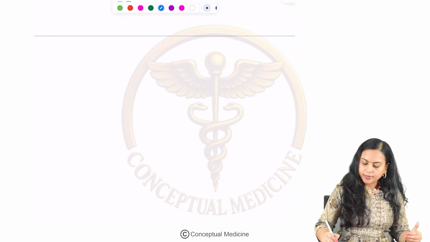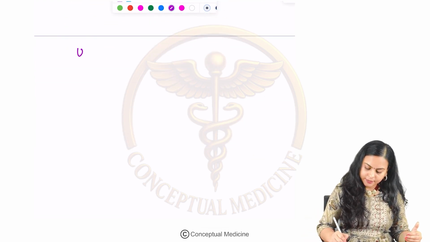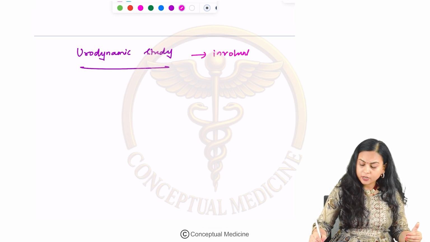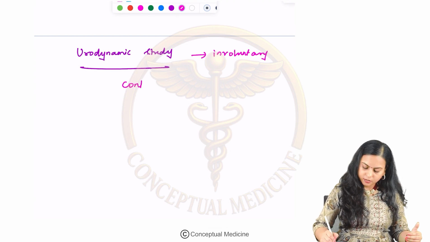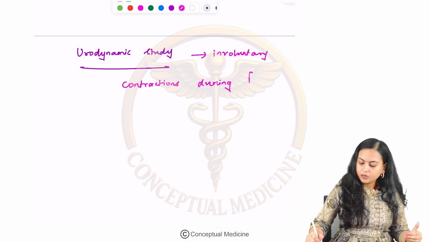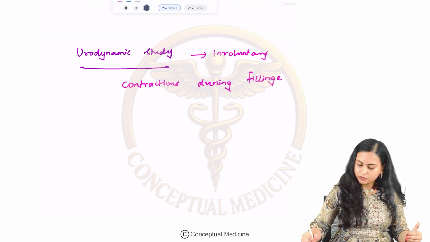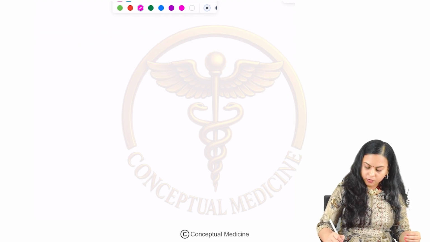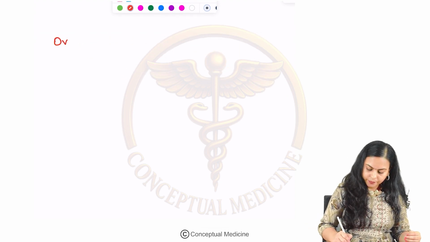While doing urodynamic studies, you will be able to see involuntary contractions during the filling phase of the urodynamic study. Clear?